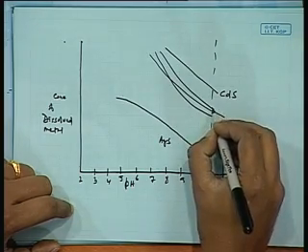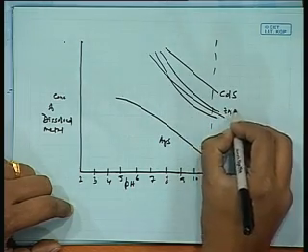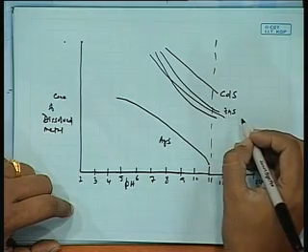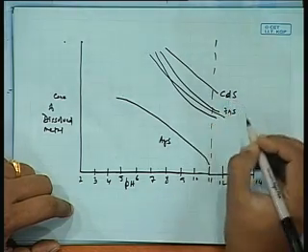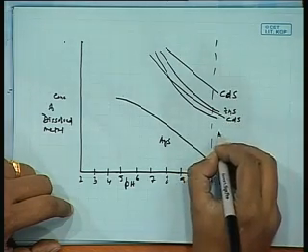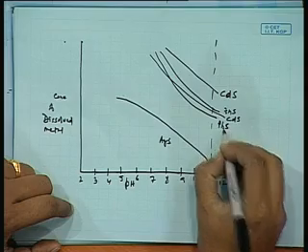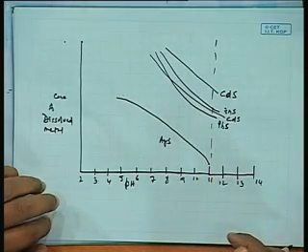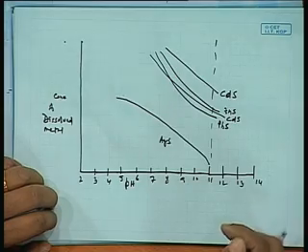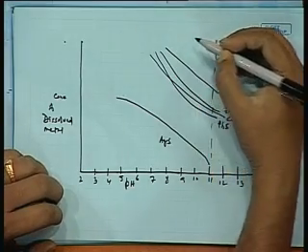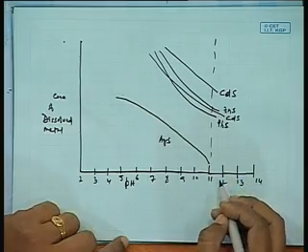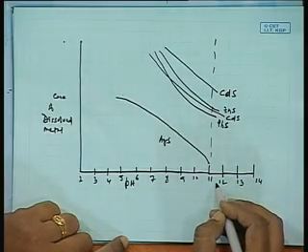This is for zinc sulfide. This is for CoS, cobalt sulfide. This is for PbS, lead sulfide. We observe these plots for the sulfides, and a similar kind of situation appears.